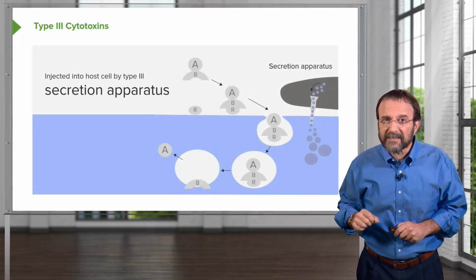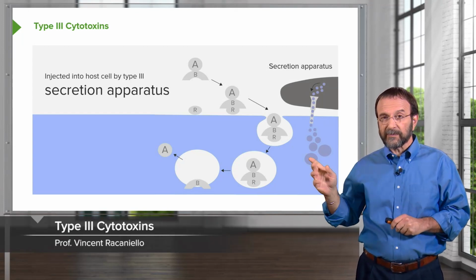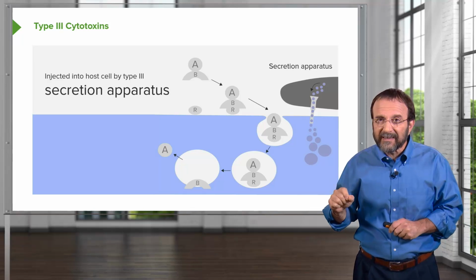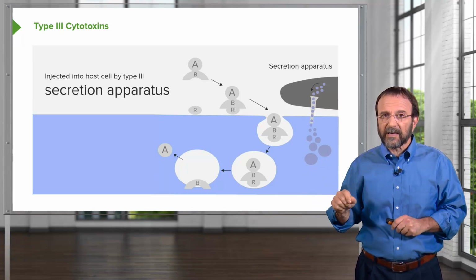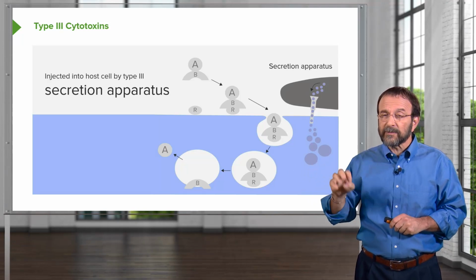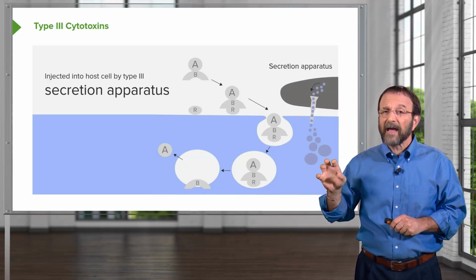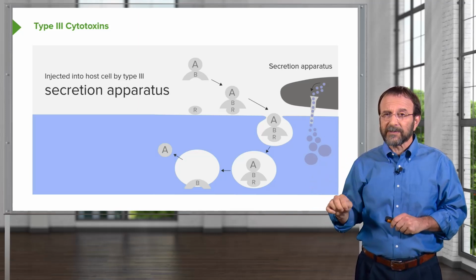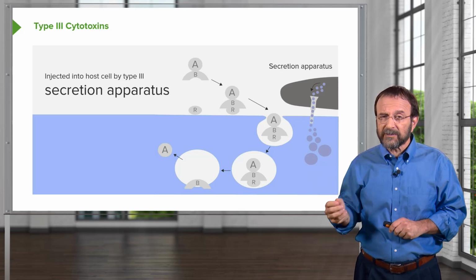The type 3 cytotoxins we mentioned briefly before are shown on the right-hand part of this screen. They are injected by the bacterium into the host cell by a type 3 secretion apparatus. Bacteria have a number of different kinds of secretion apparatuses, which are used to inject effector molecules into the host cell to get them to do what they want.